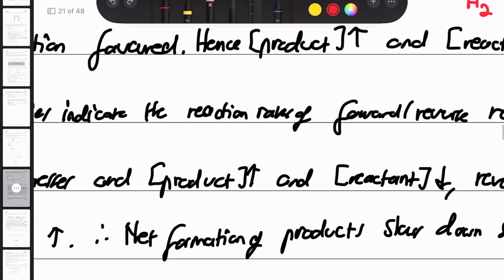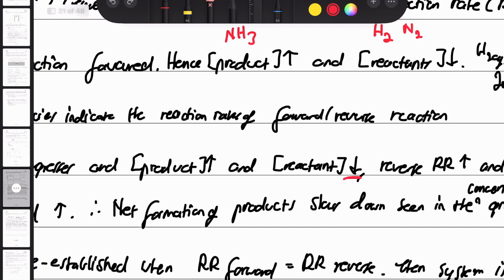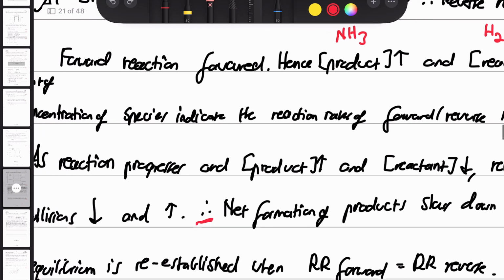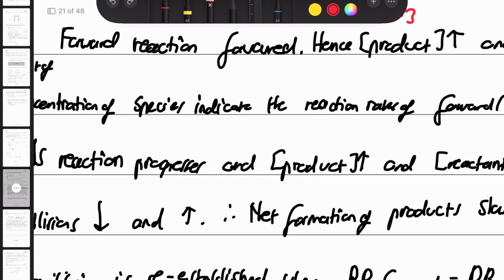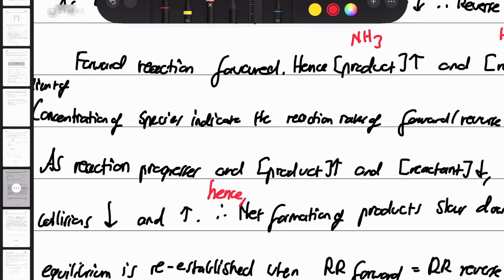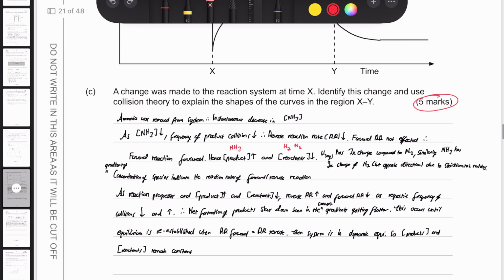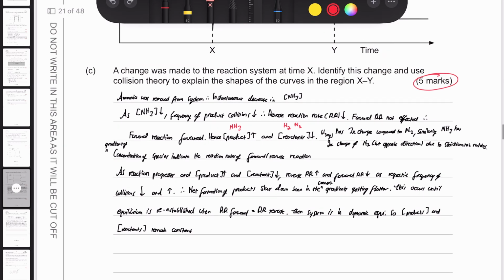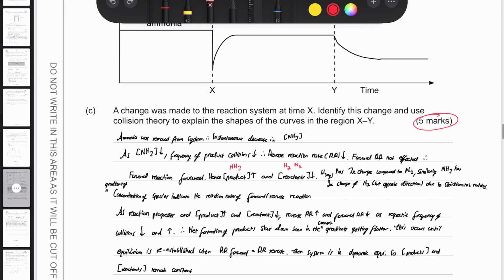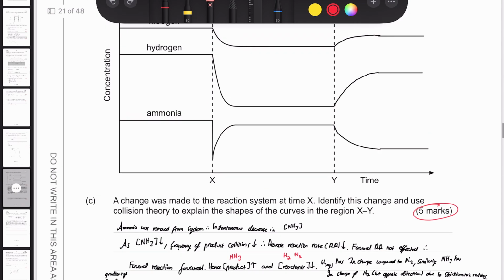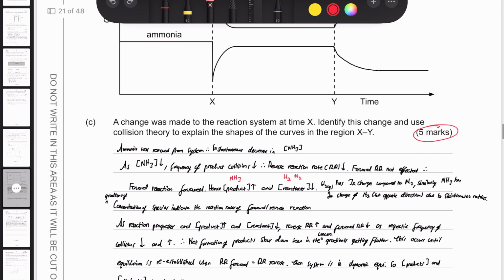And then like here, apparently I'm not allowed to use arrows anymore, or the dot or the triple. I have to write hence. Like, oh my god. It's just a waste of time. I don't understand why I have to write increase, decrease.